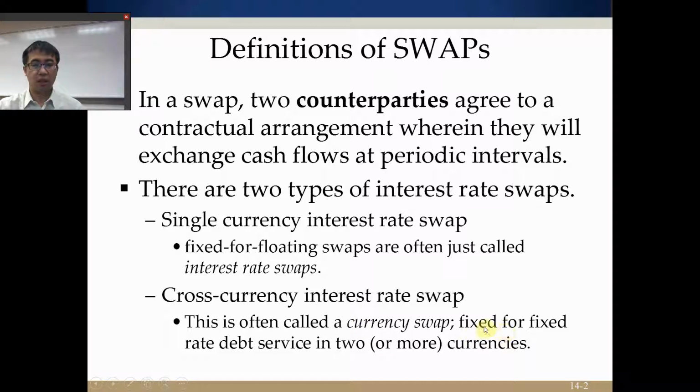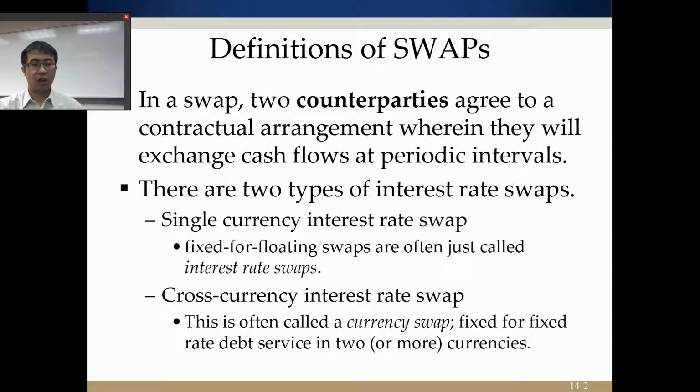Usually the two parties exchange the debt services in fixed interest. Okay, it's not about other kinds of interest, it's a fixed interest. So the fixed interest basically adjusts to the inflation of the two countries where the two currencies are issued.